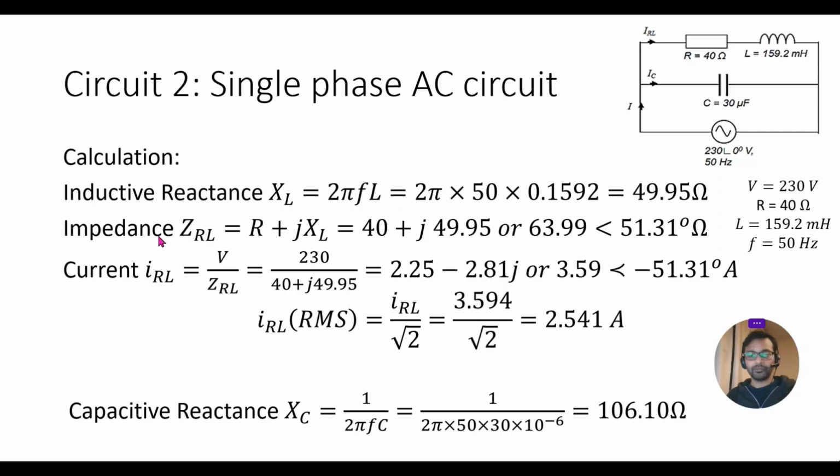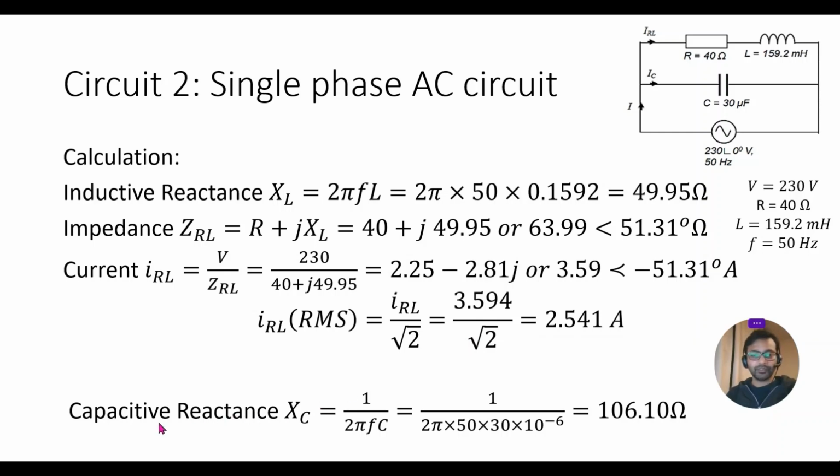And using that value, we calculate the impedance. Then we can use this impedance to calculate the current flowing in this RL branch, using Ohm's law. That value comes out to be 2.54, which is similar to what we have measured in Simulink.